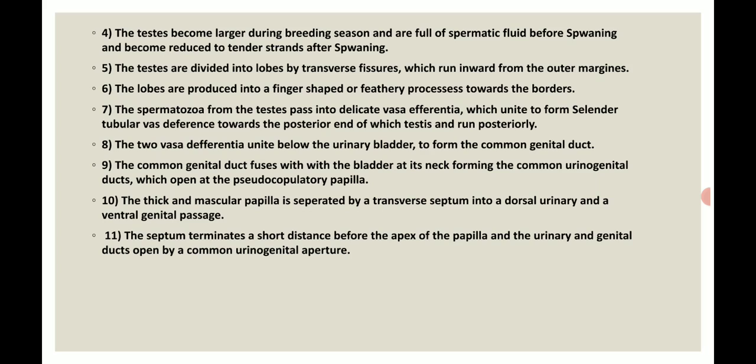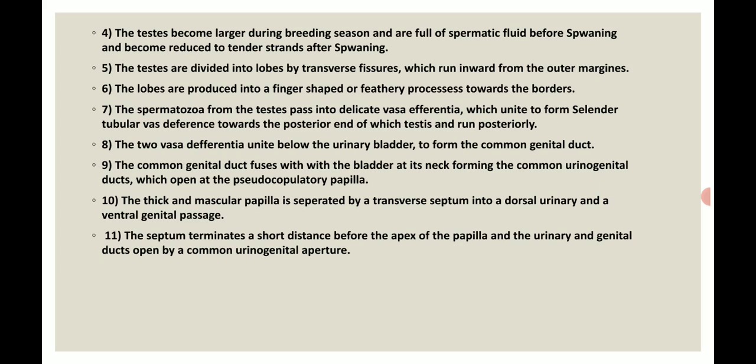The common genital duct fuses with the bladder at its neck, forming the common urinogenital duct, which opens at the pseudocopulatory papilla. The thick and muscular papilla is separated by a transverse septum into a dorsal urinary and a ventral genital passage. The septum terminates a short distance before the apex of the papilla, and the urinary and the genital ducts open by a urinogenital aperture.